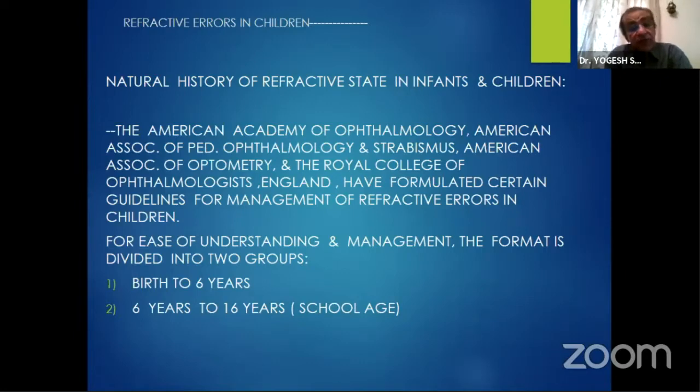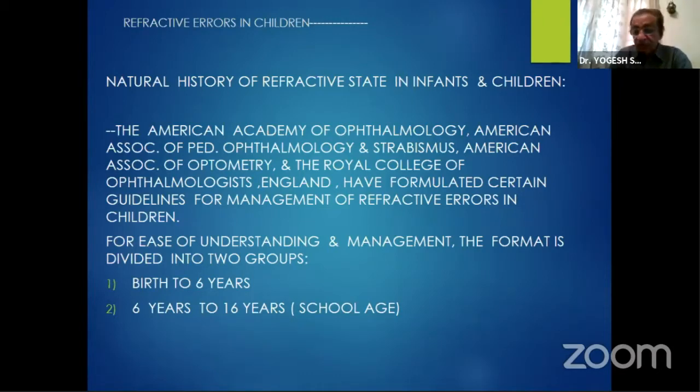Now, for ease of understanding and measurement, the format is divided into two large groups. That is birth to 6 years and 6 years to 16 years, that is the end of the school age. Because by that time, 16 years, most of the refractive errors have developed or they have disappeared.